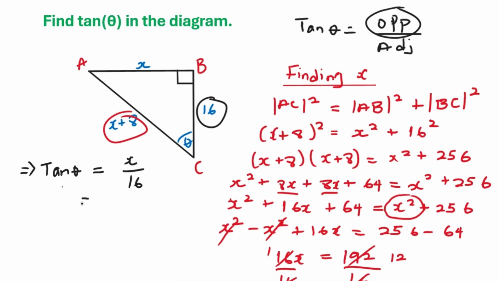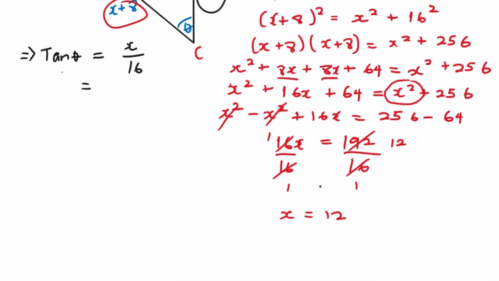So we're going to get x, which we just got, 12. So we have 12 out of 16. So tan theta is equal to, we can simplify 12 and 16. So 4 can go into 12 3 times and goes into 16 4 times. So we have 3 on 4. That is how we can find tan theta in a diagram.